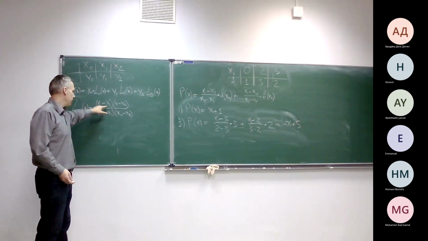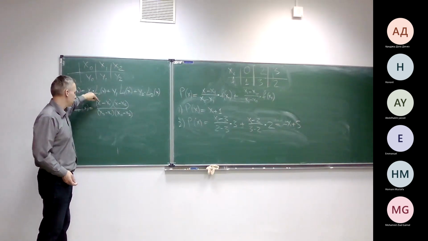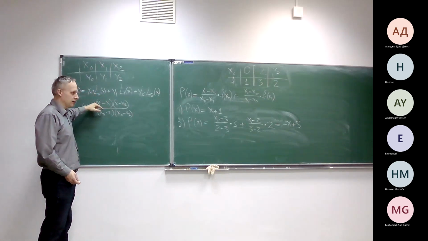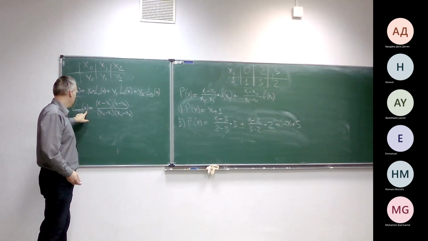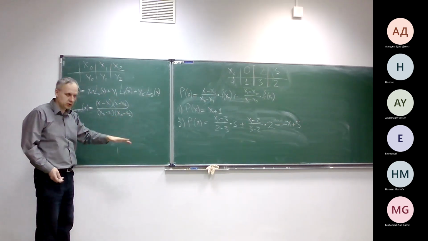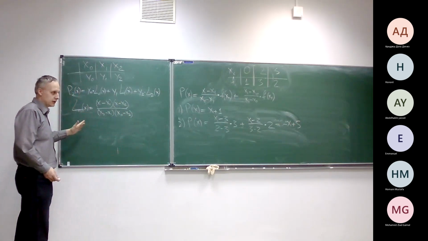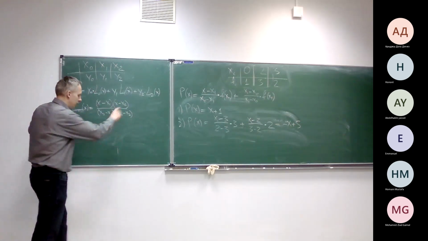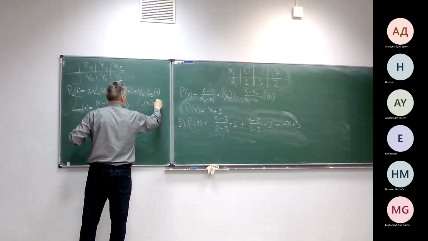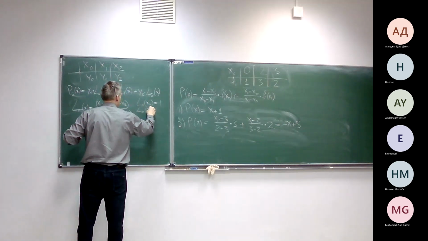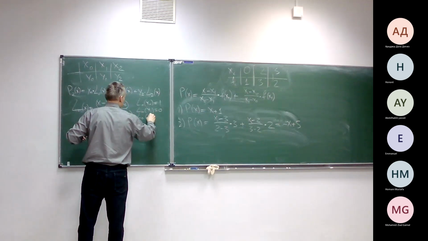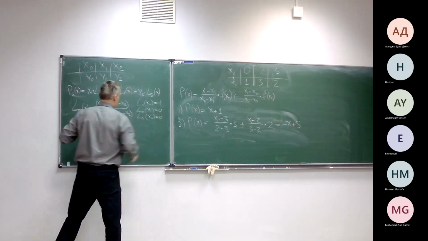L0 of x1 equals 0, because here we have x1 minus x1 equals 0. L0 of x2 equals 0 too. I write it here that L0 of x0 equals 1, L0 of x1 equals 0, L0 of x2 equals 0.